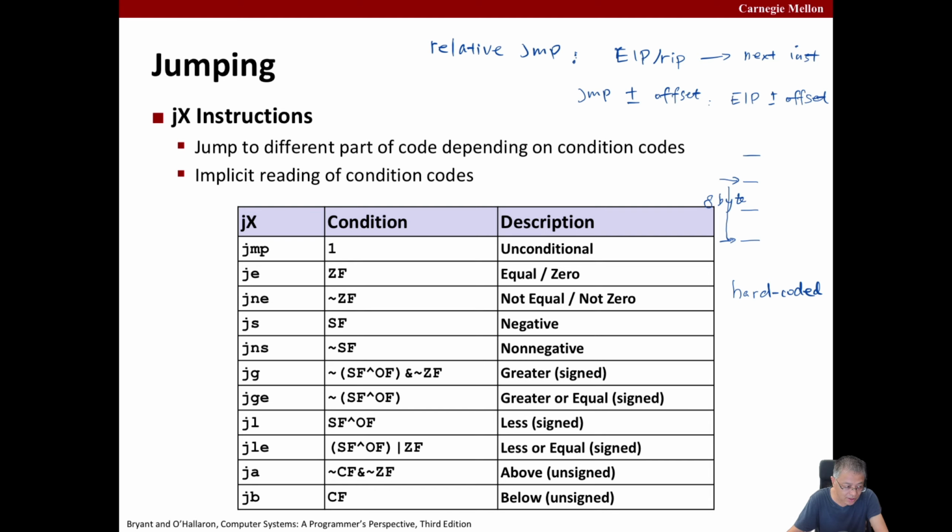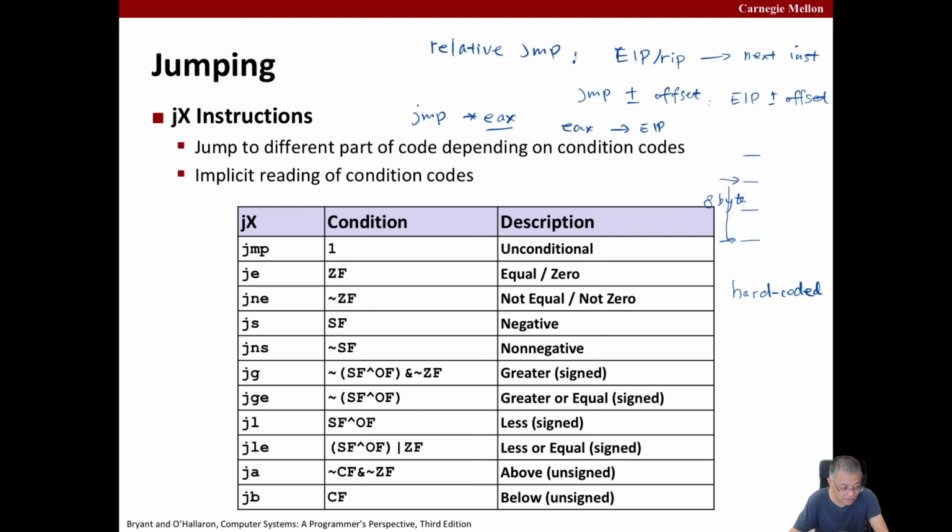There is another jump. It can jump indirectly to, for example, a register. So what the processor does is load the EAX into the EIP register.